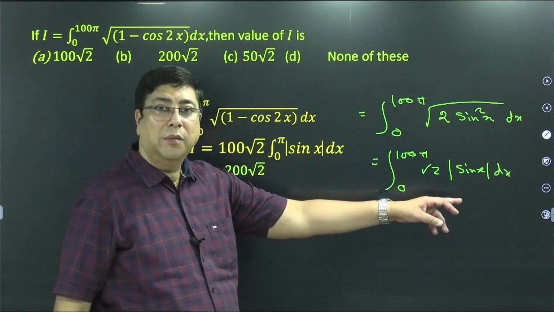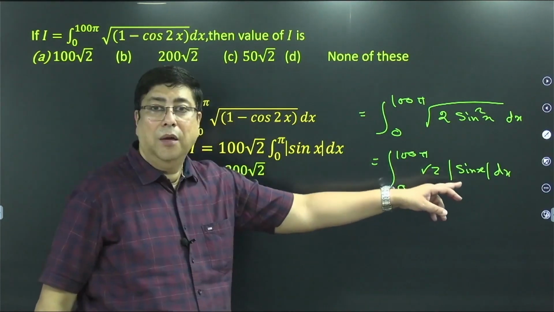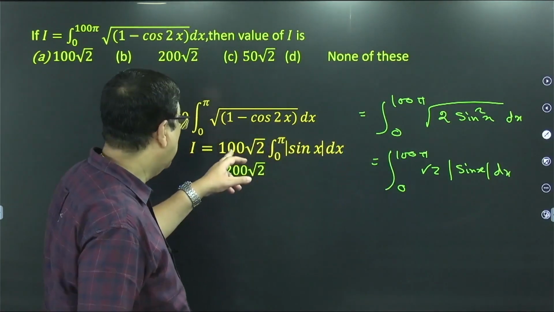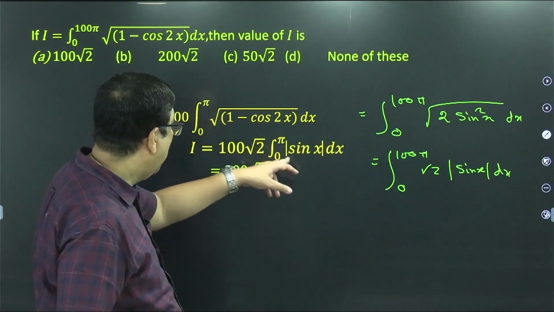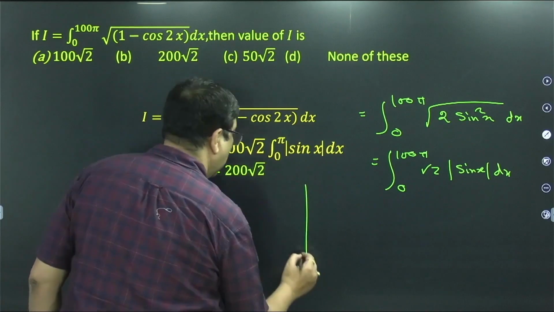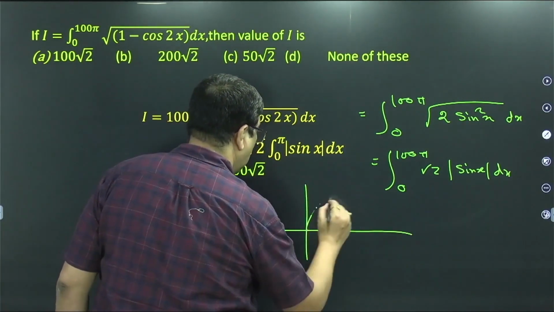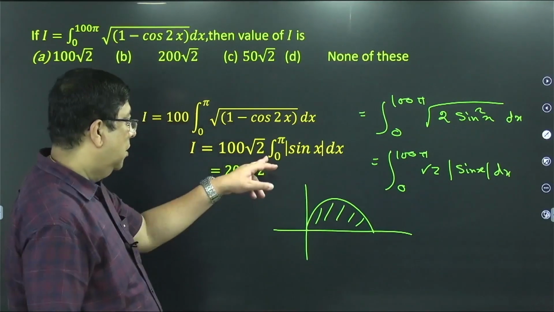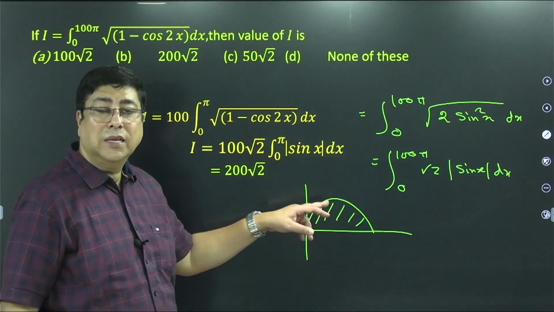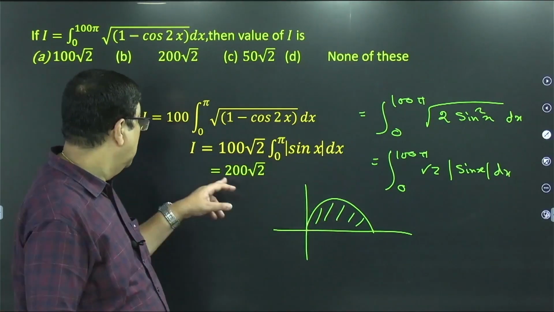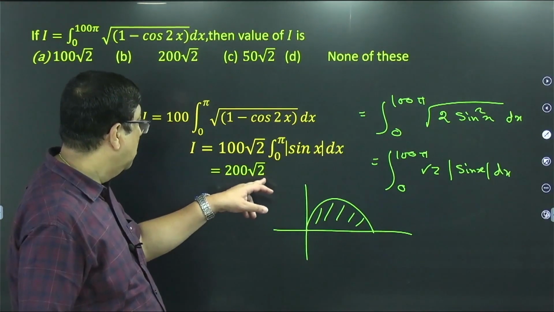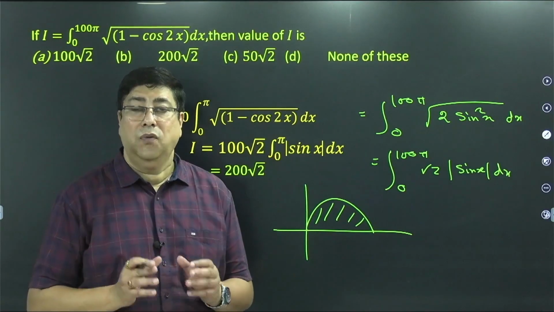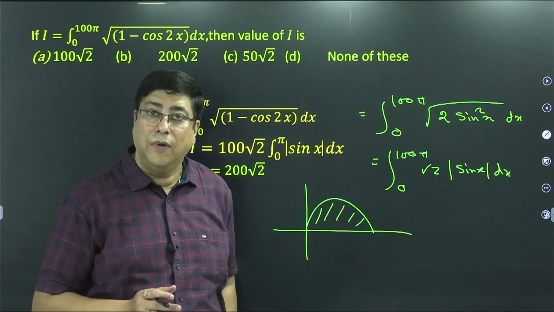And mod sin x is periodic, the period of mod sin x is pi. So from 0 to nT, 100 comes outside, root 2 comes outside, and the integral from 0 to pi of mod sin x. What is mod sin x between 0 to pi? This area is 2. So 100 into 2 into root 2. In this way we can apply it. So periodic functions are very important for the examination.